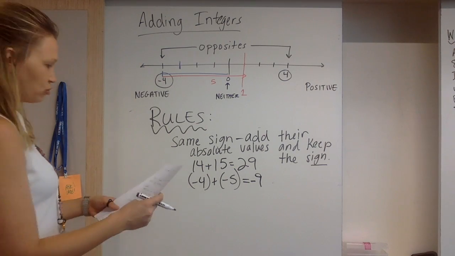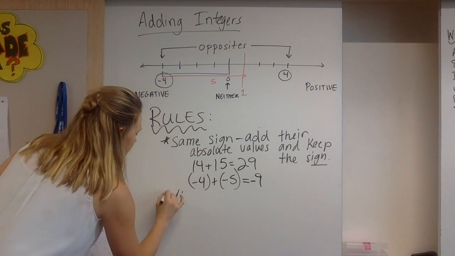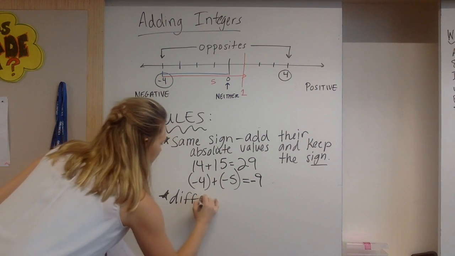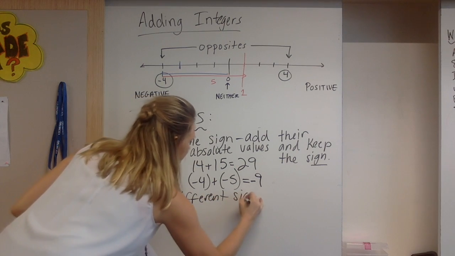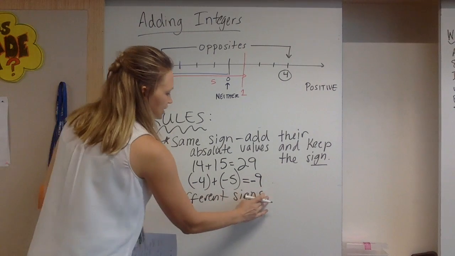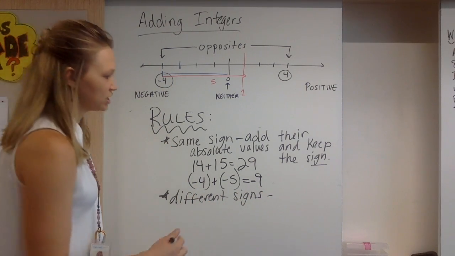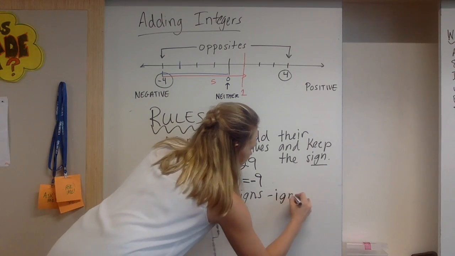It's when we get into trouble is when they have different signs. So if they have different signs, the rules change. Okay? If they have different signs, we actually need to sort of ignore the signs for a second. So we need to initially start out by ignoring the sign.